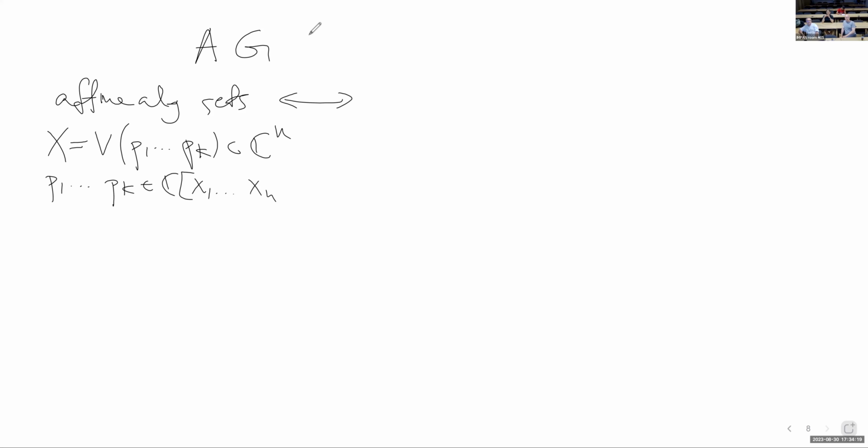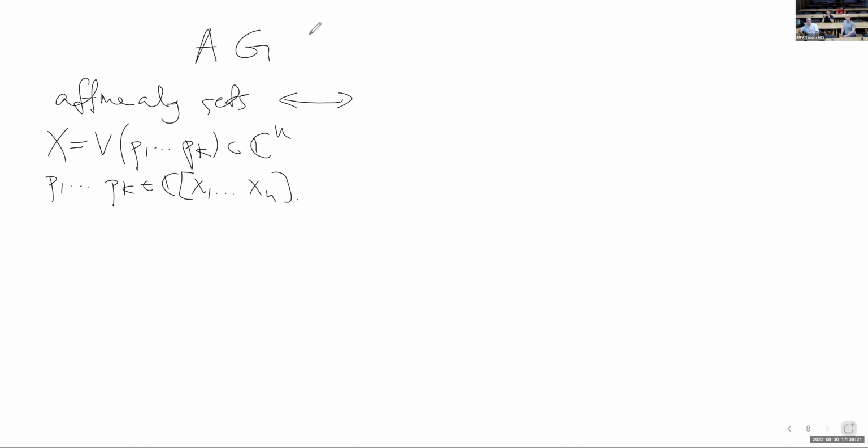Let's do everything over complex numbers. So this is just a zero set of some bunch of polynomials P in C^n, where the P are polynomials in variables x1 up to xn.